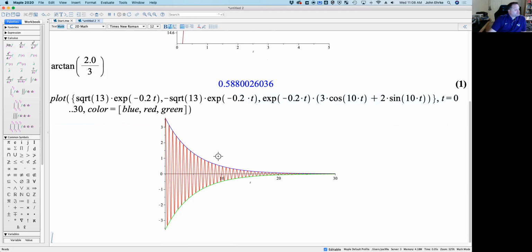Okay, what you can see here is this envelope curve is literally the curve that governs the peaks of the oscillation. It governs the amplitudes. So that's the importance of these, is we know between plus or minus that envelope curve is where all of the oscillation will be occurring, and it all gets damped down to zero over time. So in your Maple work, if you're asked to plot envelope curves, this is kind of what I'm asking you to do for that particular instance.